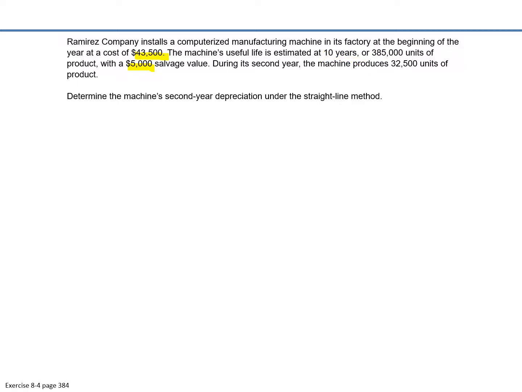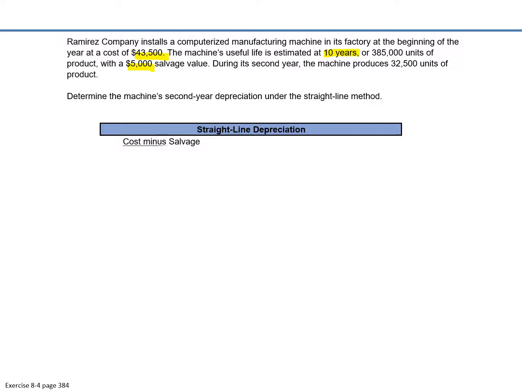All right, so the first thing it wants us to do is compute the second year depreciation under the straight line method. So here we take our cost of 43,500 minus 5,000 salvage divided by 10 years.